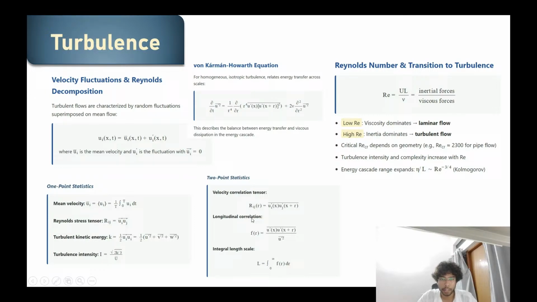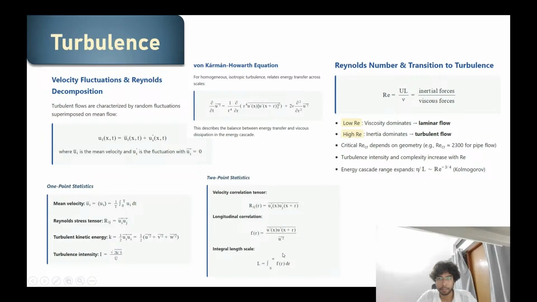Before that, as I said, R_ij is u_i prime u_j prime, but it has a delayed correlation, so this is at x and this is at x plus r. The one-point statistics has correlation at the same point, but for two-point statistics, this is how it looks.